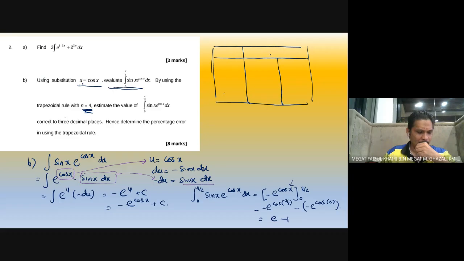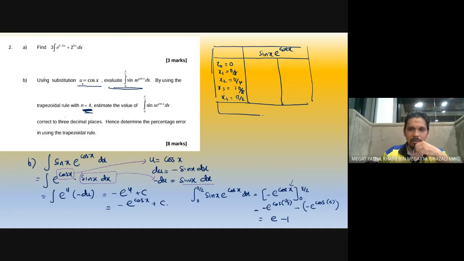This is sine x e power of cos x, where x0 equal to 0, x1 equal to pi over 8, x2 equal to pi over 4, x3 equal to 3 pi over 8, and then x4 equal to pi over 2.